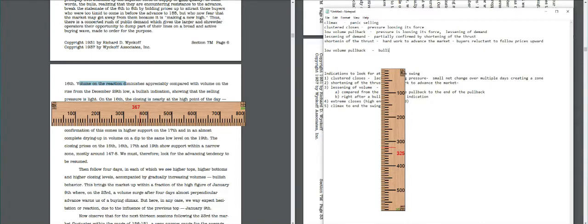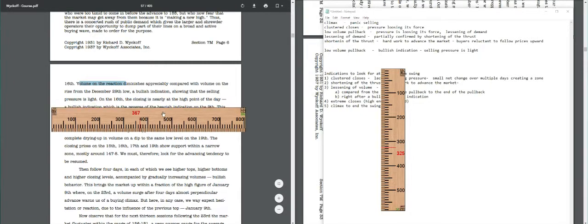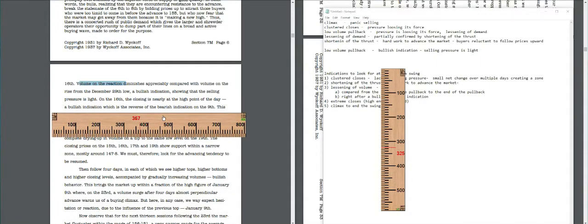It's a bullish indication. Why? Because it means selling pressure is light. What other bullish indications is he looking at?